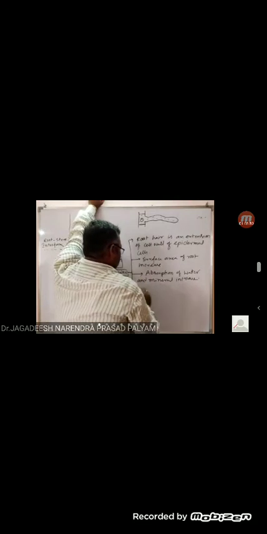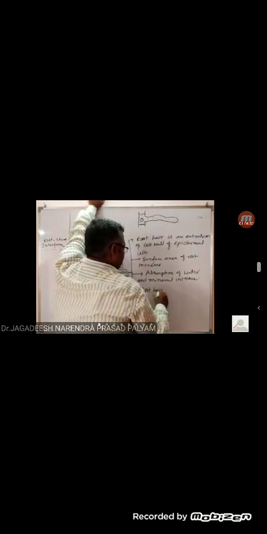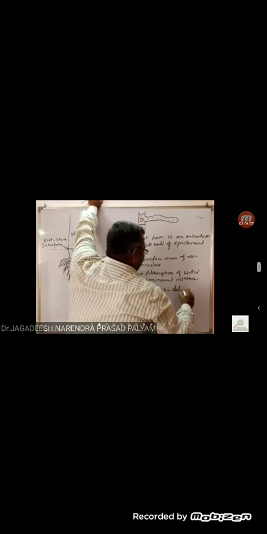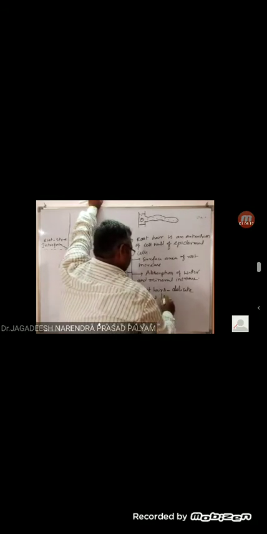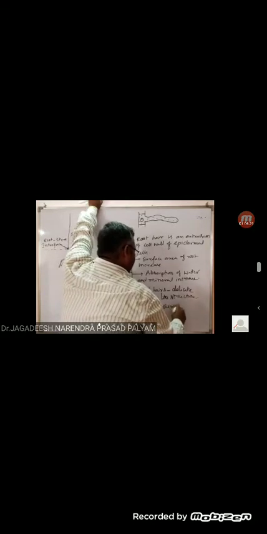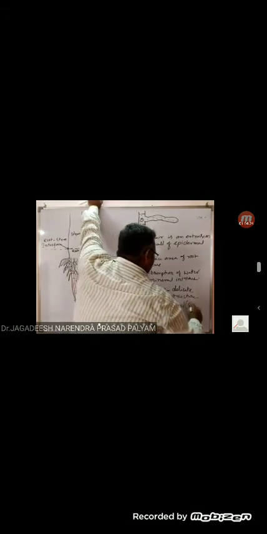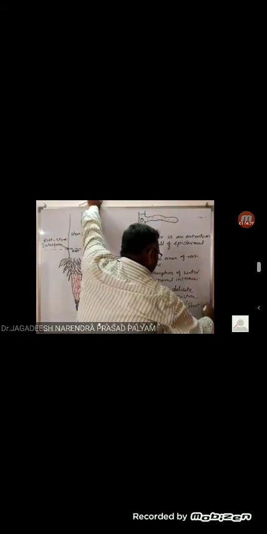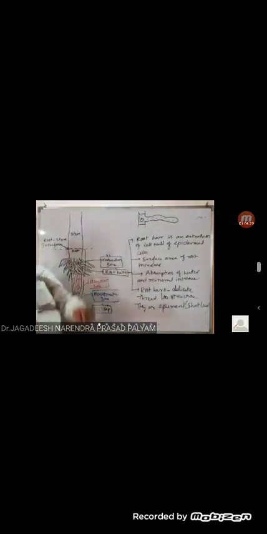These root hairs, I said, are delicate, very thin, thread-like structures. And they are ephemeral. Ephemeral means they are short-lived. Root hair is a single cell.